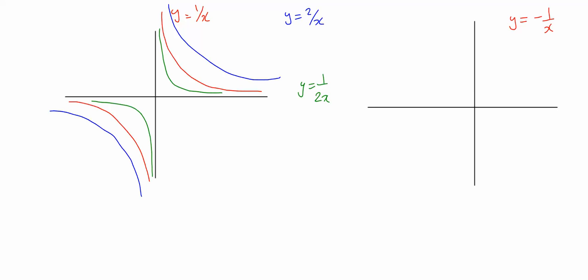If we want to sketch y equals minus 1 over x, then when x is positive, y is negative, so that is down in the fourth quadrant down here. And when x is negative, y is positive, so that will be up here like that.